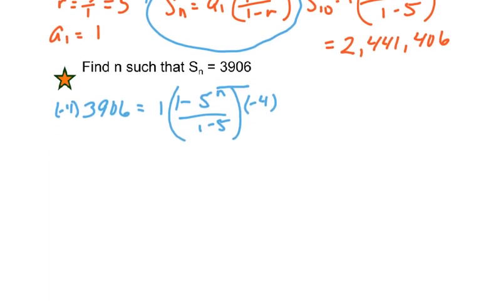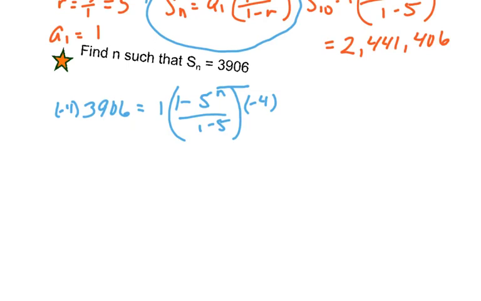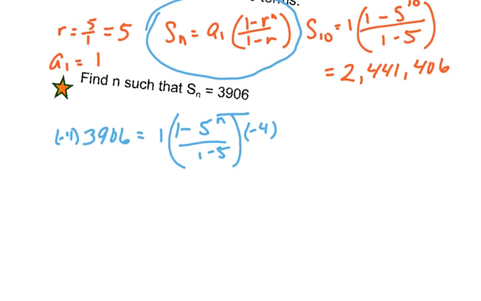So negative 4 times 3,906 is going to be negative 15,624. And that's going to be equal to just 1 minus 5 to the n, because we have cleared our denominator.